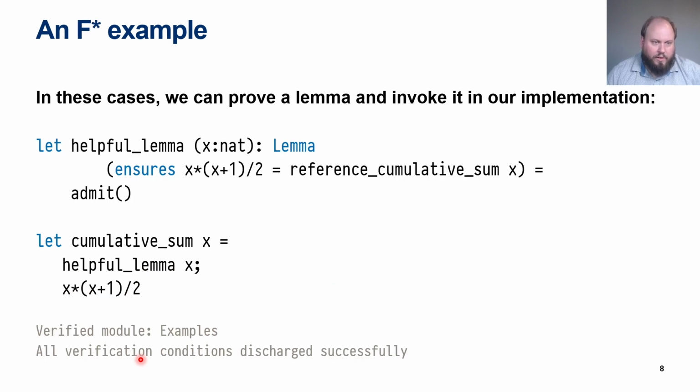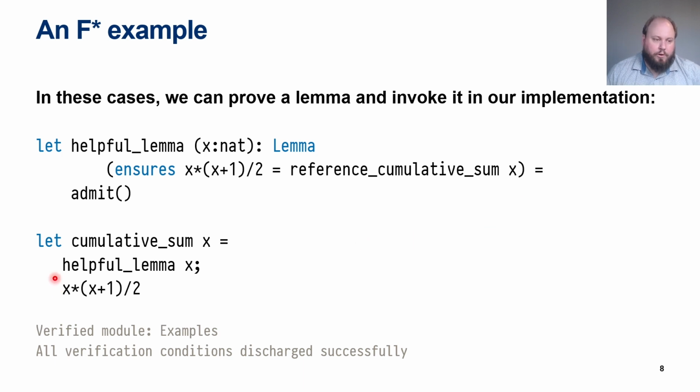And one way to do this is to prove a lemma that says what we want, and then we can invoke that when we implement it. As an example, we can have this lemma here, which I've just called helpful lemma, which says that for any x, it validates that x times (x plus 1) all over 2 is equal to this reference implementation.